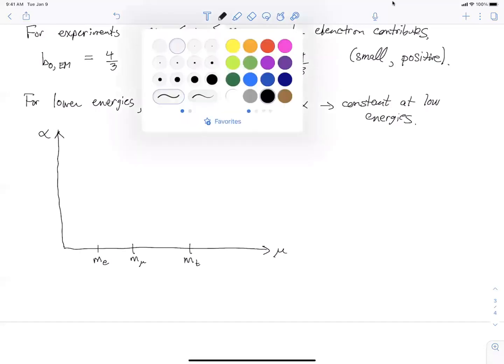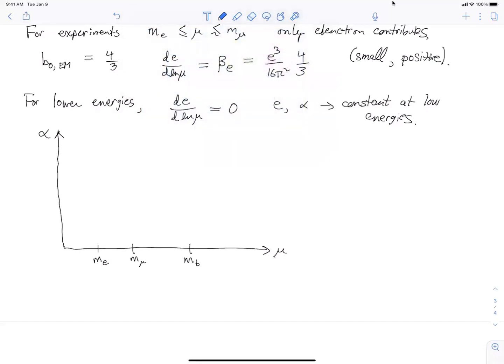So this is going to start at a constant value of 1 over 137. And it's not going to run at all until it gets to the electron mass. And then it's going to start getting larger because the beta function is positive. But it's going to get larger very slowly. So it does something like that.